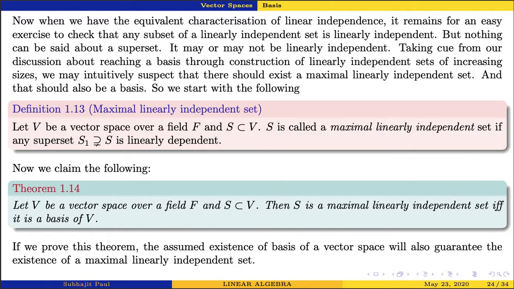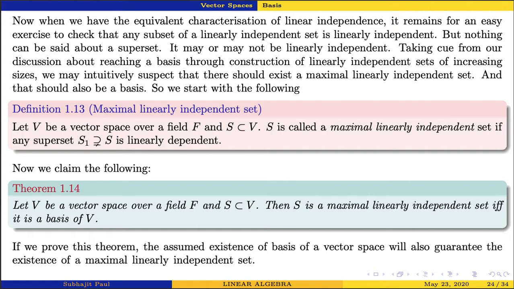So these sets require a guarantee of existence, and we have assumed the existence of a basis.